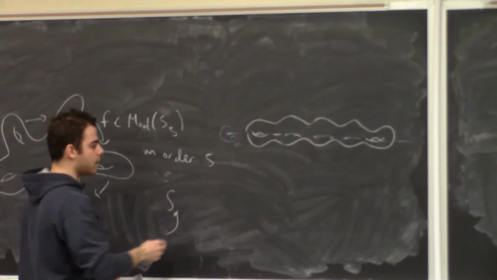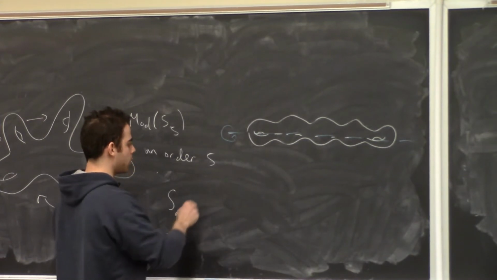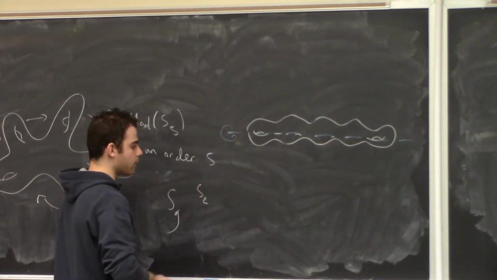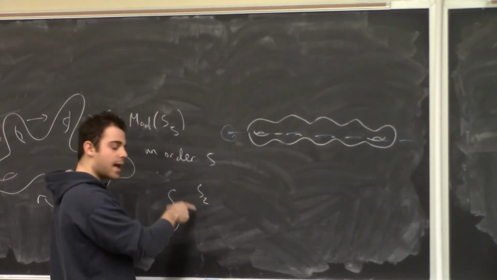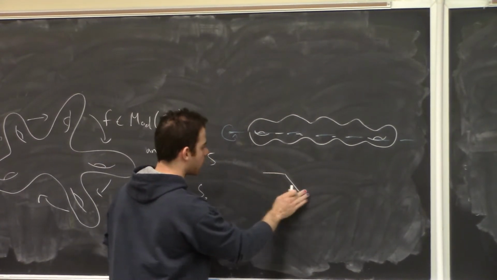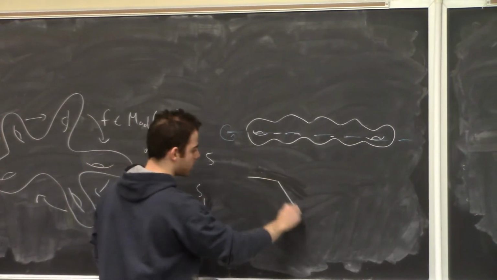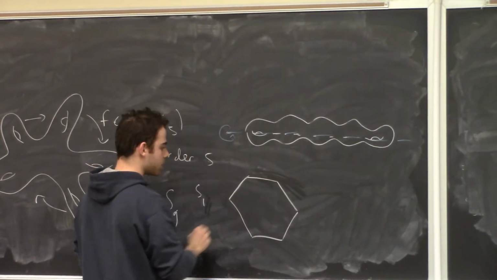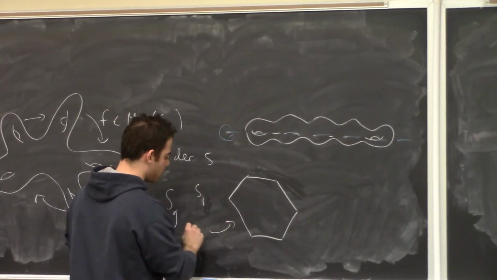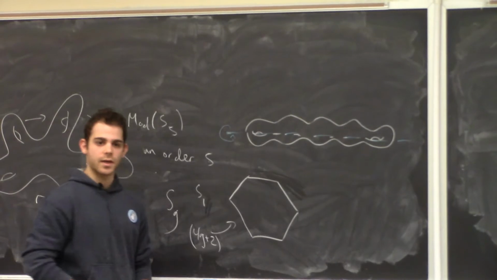Let's just do it for S2, right? If I take a 10-sided polygon... If I have S1, I take 1, 2, 3, 4, 5, 6. So this is going to be a 4g+2-sided regular polygon.